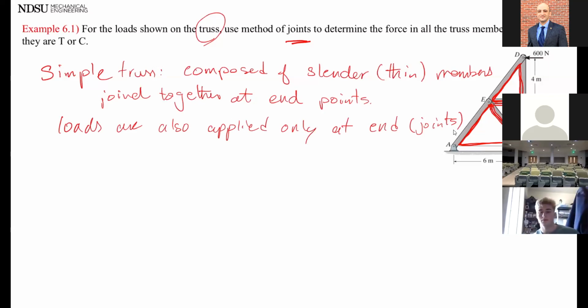These are important to remember. For our analysis, we always assume that members are joined by smooth pins. So every point here that members are joined together, they're all smooth pins. There's no friction and they can rotate freely. All right.